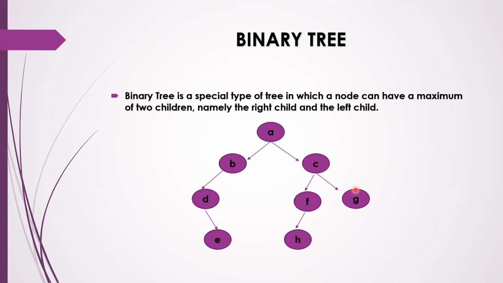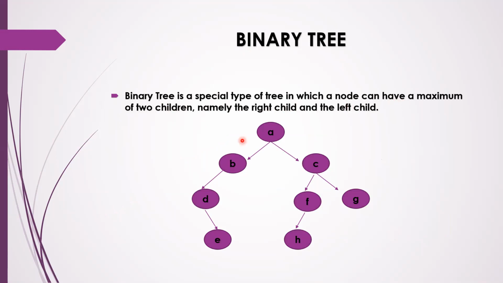So binary tree, what's the difference between general tree and binary tree is that a binary tree is a special type of tree in which a node can have a maximum of two children, a right child and a left child.